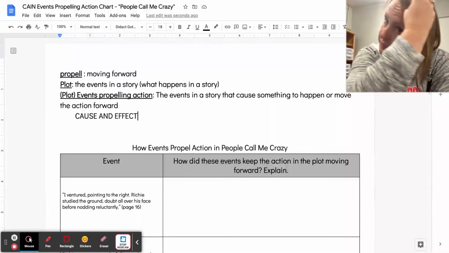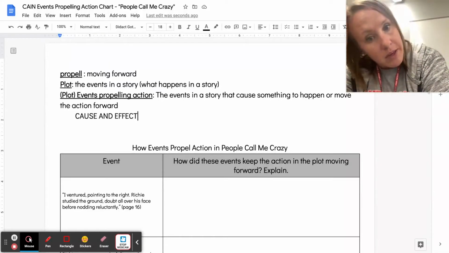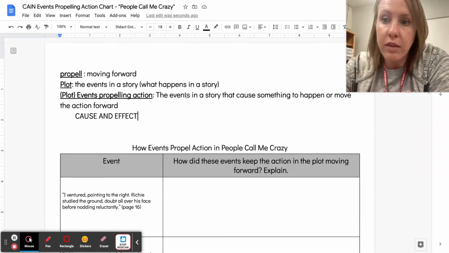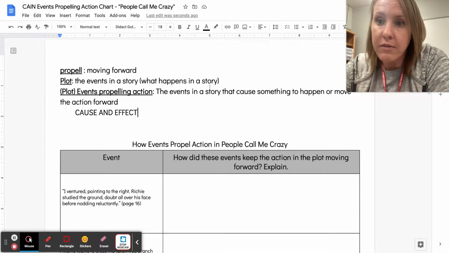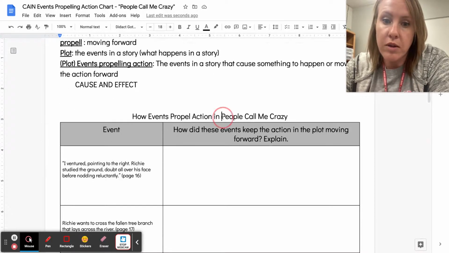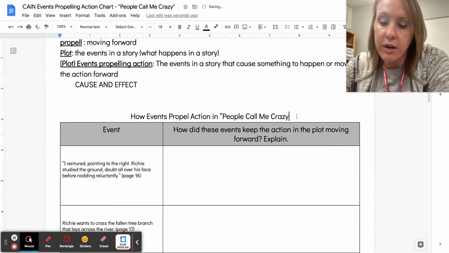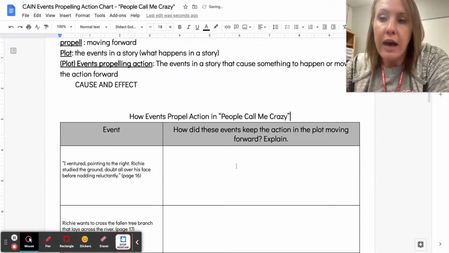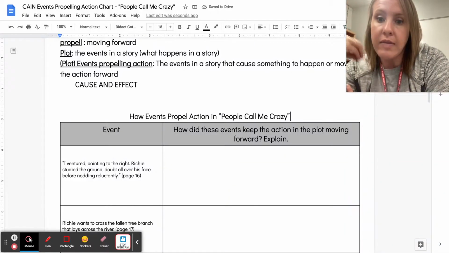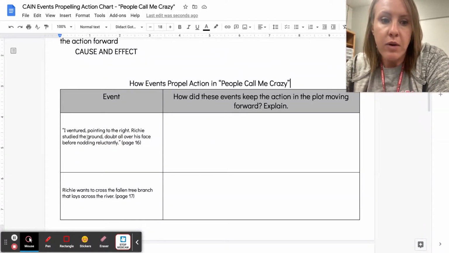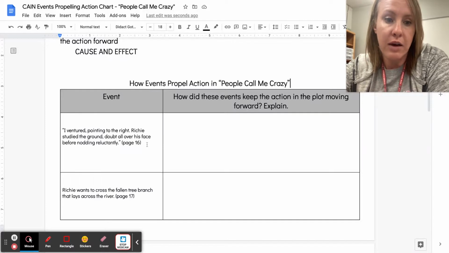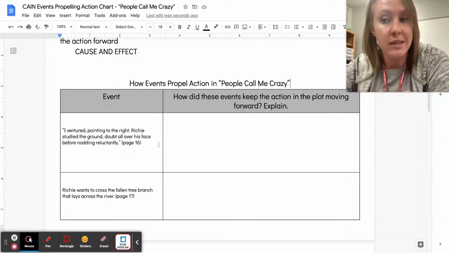So what we've got for you here is this chart. We are going to do it with People Call Me Crazy, the short story that we read yesterday with Thatcher and Richie. We're going to look at events that happened and then what kept the action of the plot moving forward. So the event was, "I ventured, pointing to the right. Richie studied the ground, doubt all over his face, before nodding reluctantly."